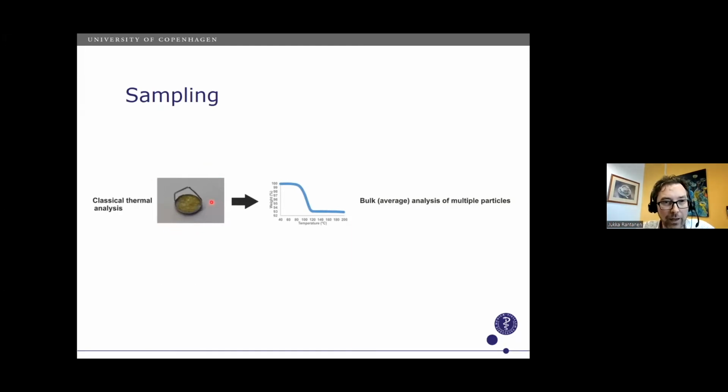Here in the middle, we have a sample holder where we have 10 milligrams of sample. That is then used for understanding how much water there is in this sample. So you can do thermogravimetry and then measure all these particles and get an estimate of water content in here.